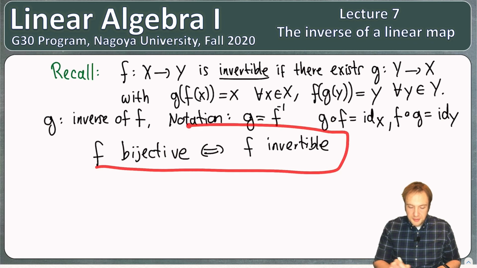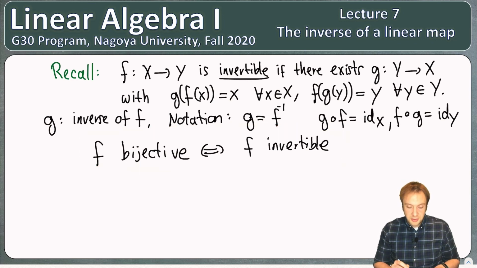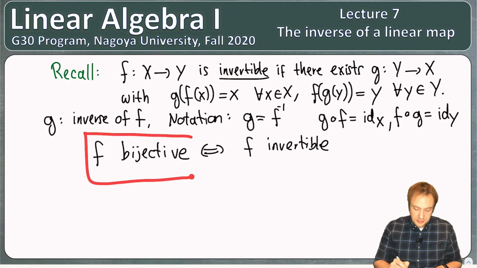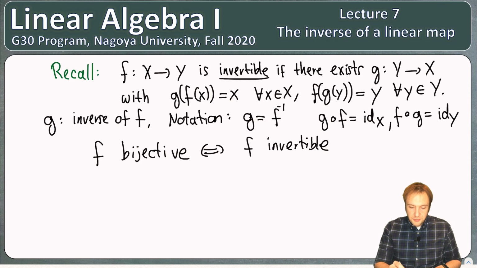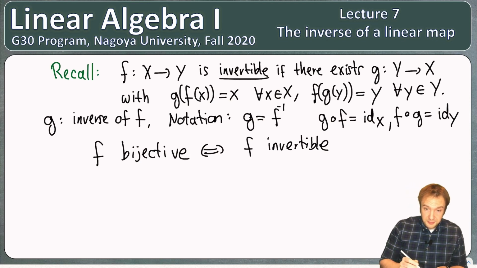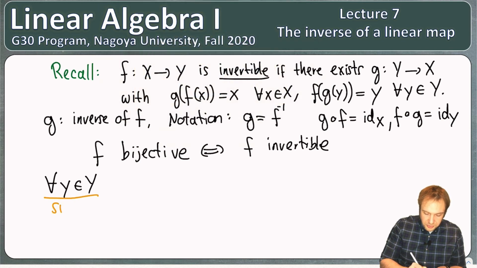And why was this the case here? So bijective means it's injective and surjective, so why can I find an inverse if f is bijective? Bijective means it's surjective, so this means in particular for every y in Y, so somehow this part here corresponds to surjective.